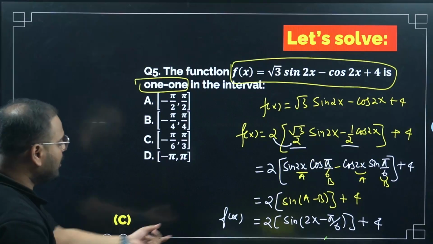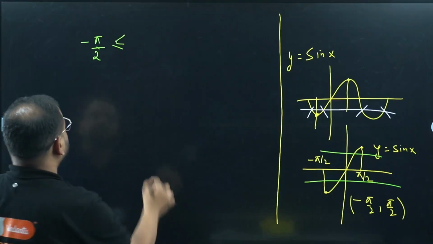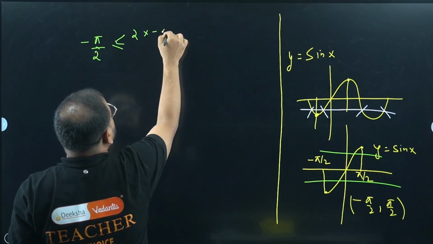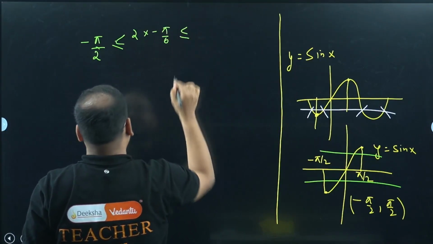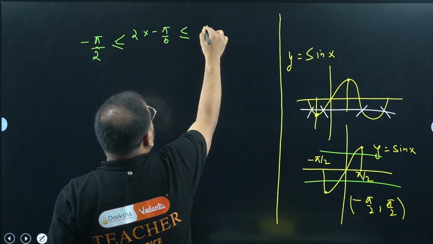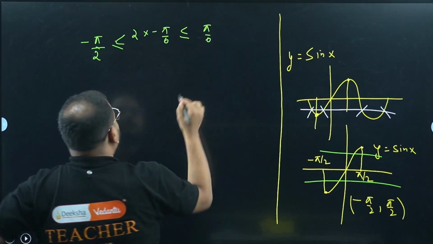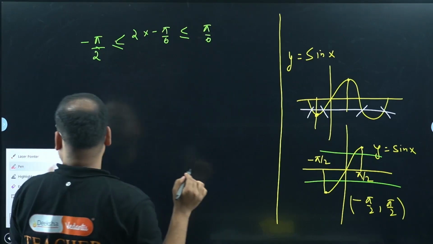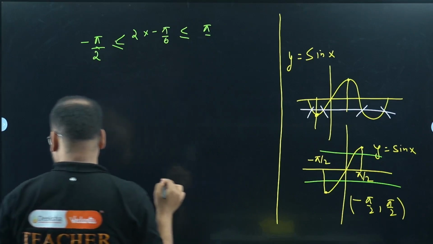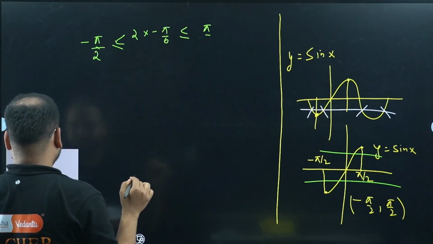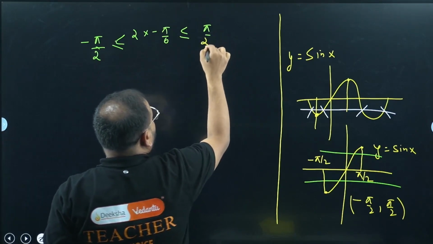And what is the value? 2x minus pi by 6, and on the other side pi by 2. I had written pi by 6, forgive me, it is pi by 2. How, sir?